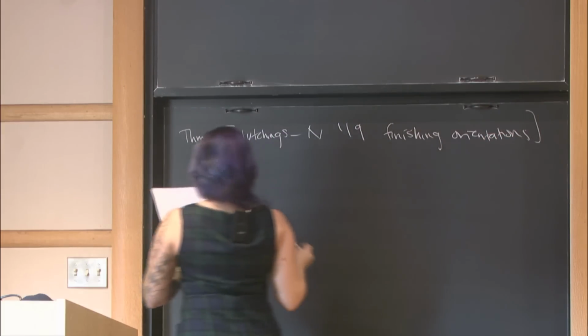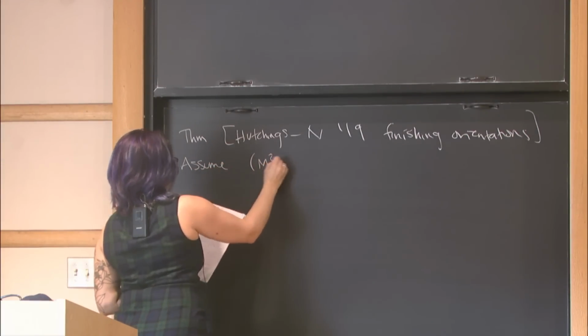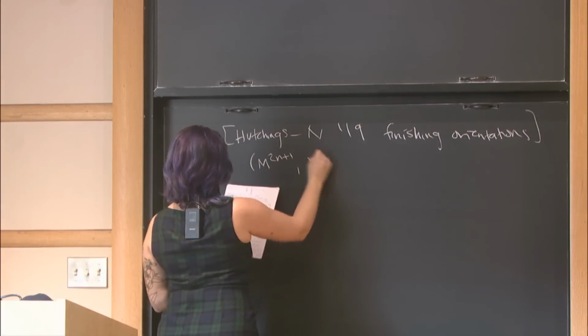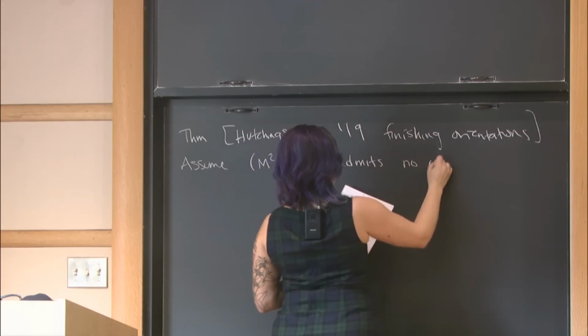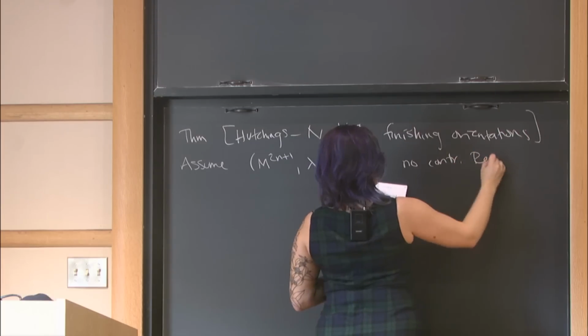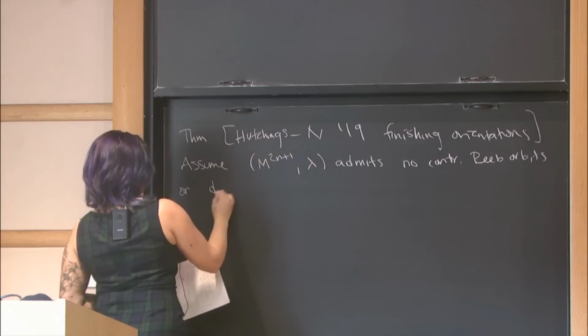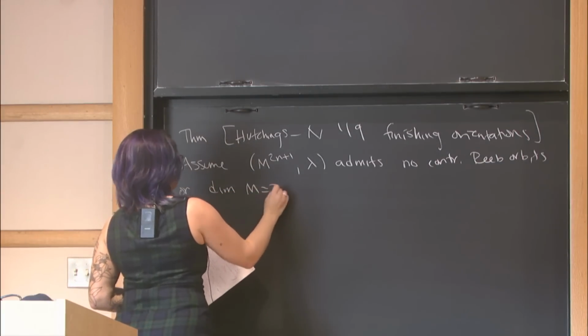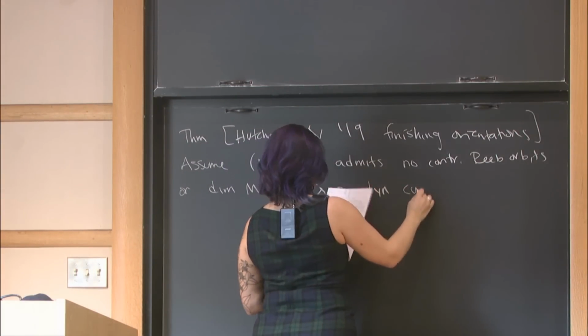Either you assume that M^(2n+1), lambda admits no contractible Reeb orbits, or the dimension of M is equal to 3 and lambda is dynamically convex.